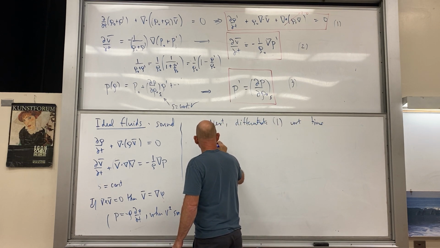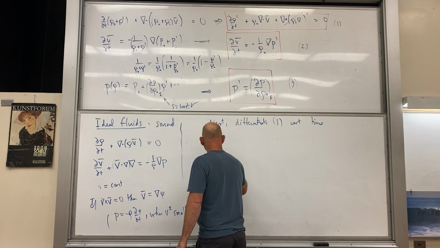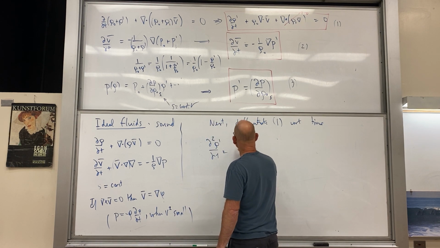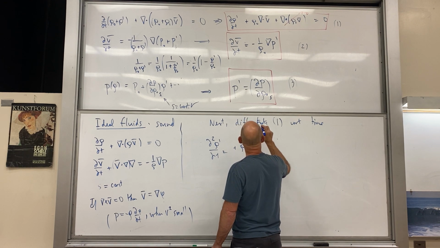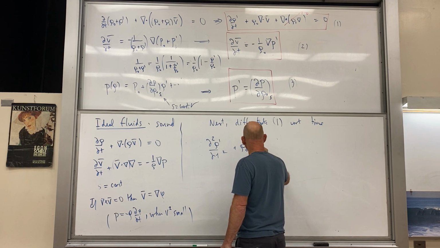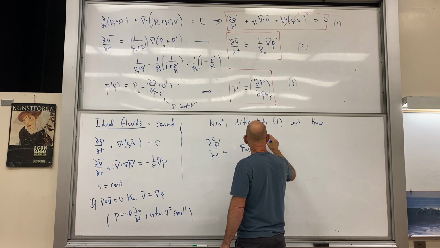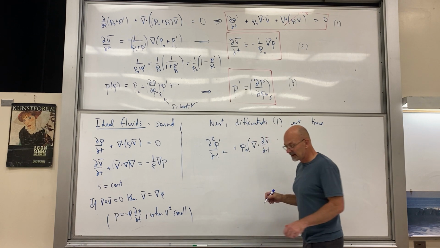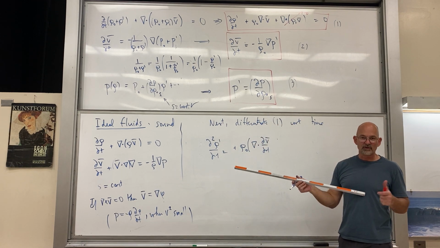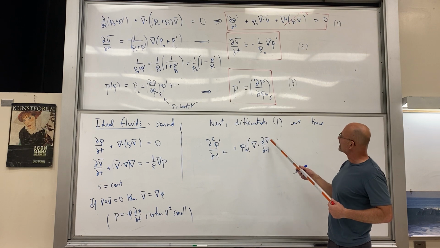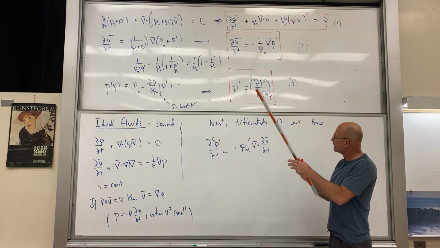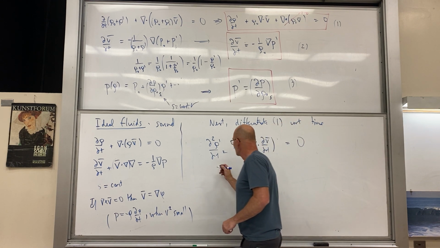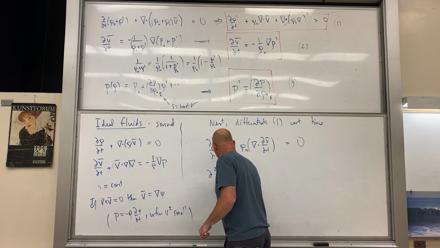We have d squared rho prime dt squared plus rho 0 divergence of dv dt. So we're really generous about exchanging the order of differentiations. Okay, divergence of dv dt right there equals 0.